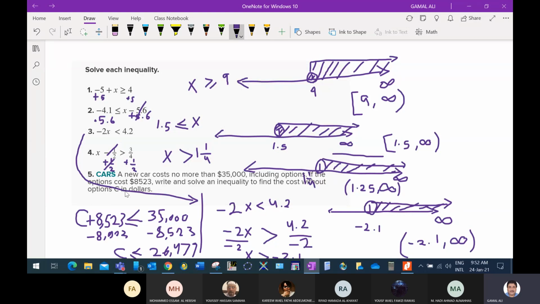Can you read this question, Muhammad Assam? A new car costs no more than 35,000, including options, if the options... Muhammad Assam, I think we missed him.